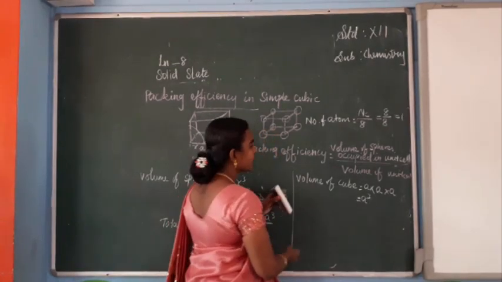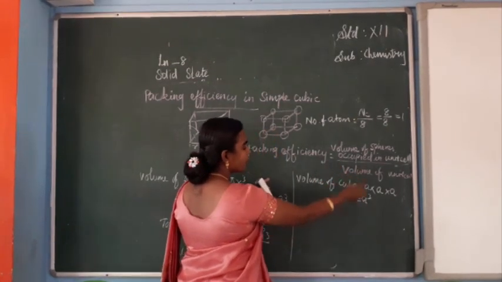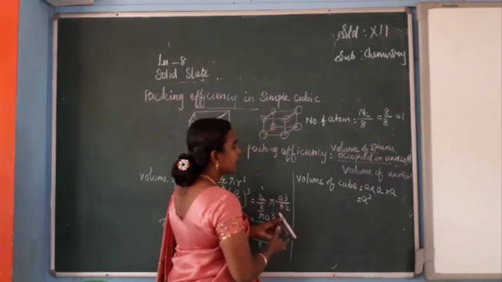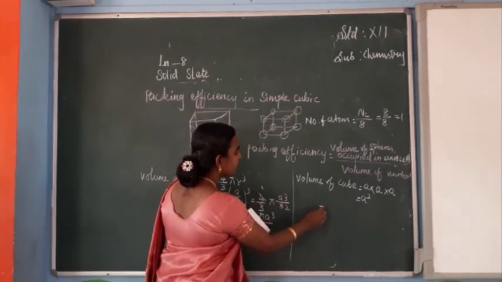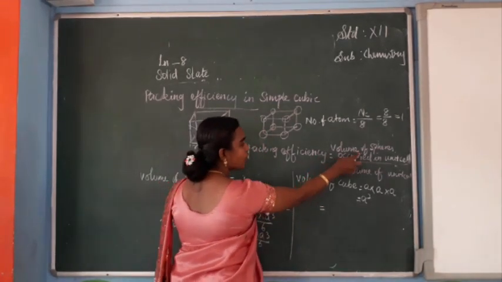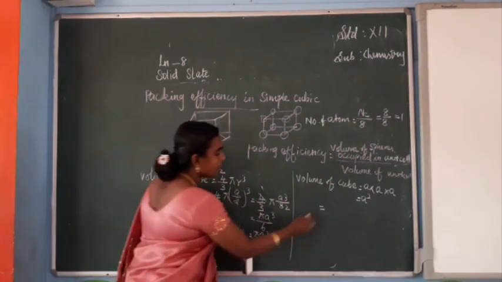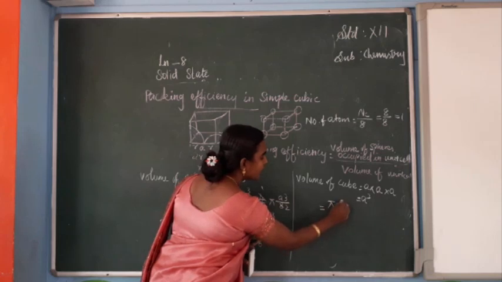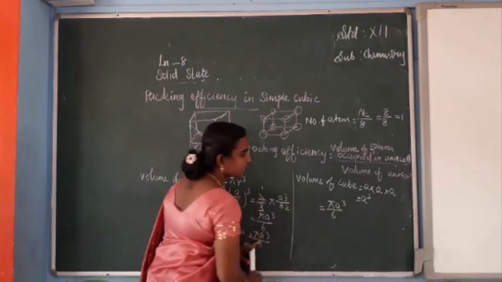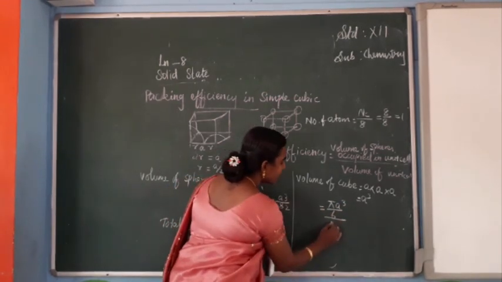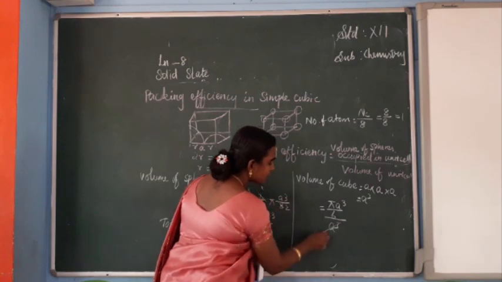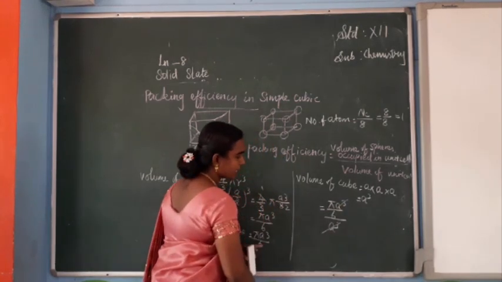So for packing efficiency, we substitute the volume of spheres occupied in the unit cell, which we calculated as pi A cube divided by 6, divided by A cube, isn't it? So this A cube and this A cube will cancel.